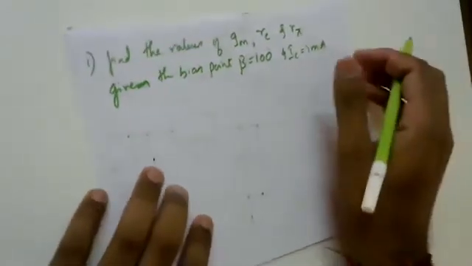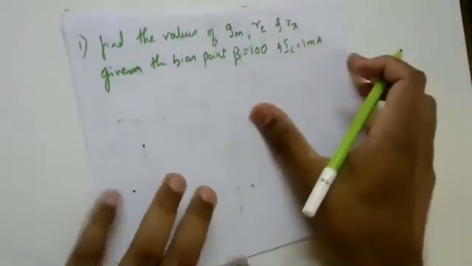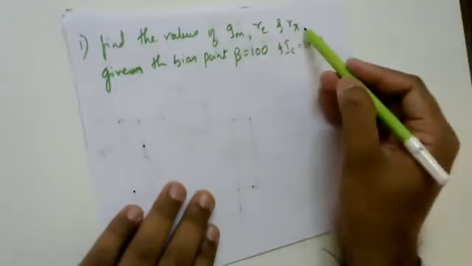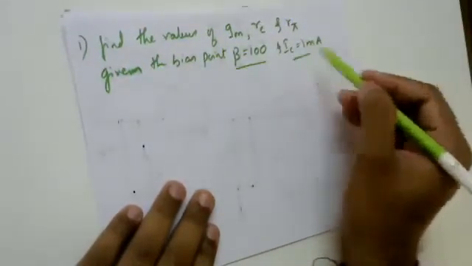I want your good support to solve this numerical. So what has he asked? He has asked us to compute the parameters GM, RE, and R pi, wherein he has given us the value of beta and IC.